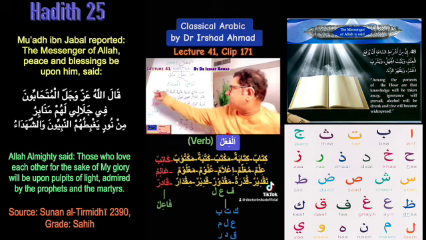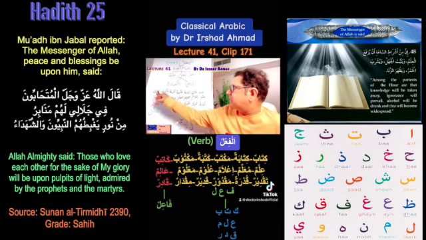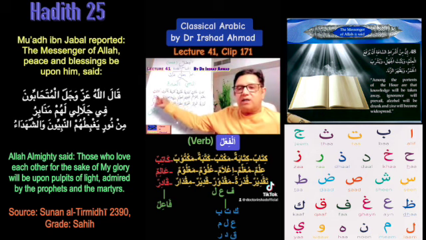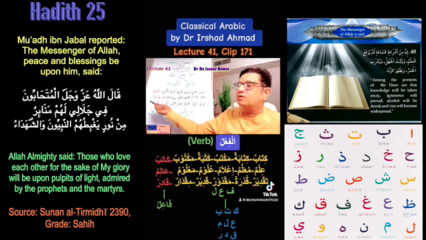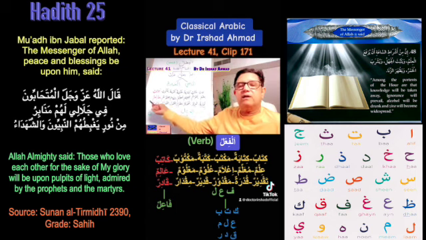So these give similar meanings in a way that they give the name of the person who is doing the action of the verb. That's the meaning of all these three words. We do not have to go exactly into meanings, but here we can say katibun is the one who writes and alimun is the one who possesses a lot of knowledge.